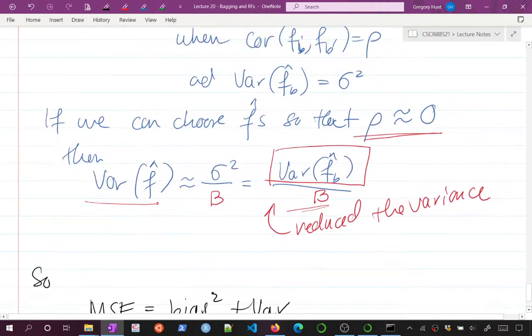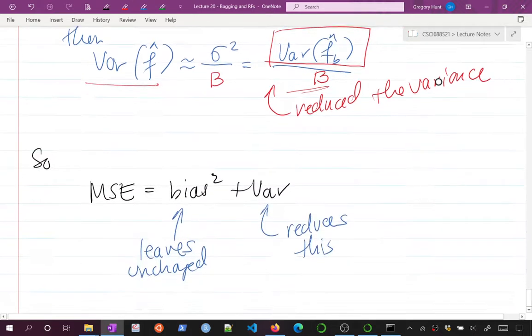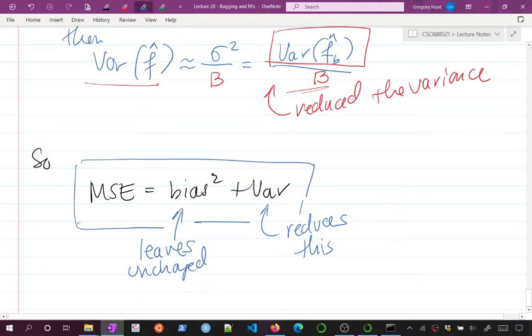And it can reduce the variance if we can figure out a way to build these individual classifiers so that they're uncorrelated. If we can do that, then we can get a new bagged classifier that has a lower MSE and does better in general.